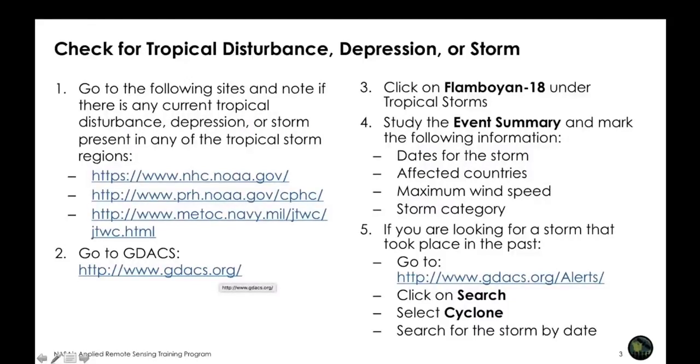As soon as the storm emerges, you can go to GDACS. You can actually access these sites right now. It takes about 10 to 15 minutes to go through everything. And then we'll come back and have a discussion if you have any questions about these data or tools or any other questions.